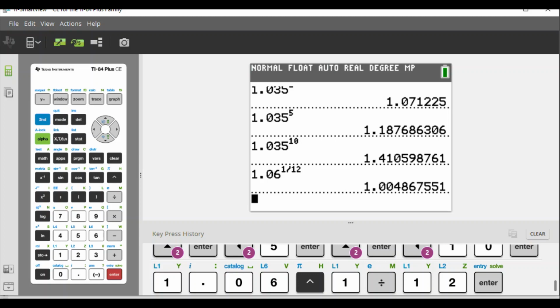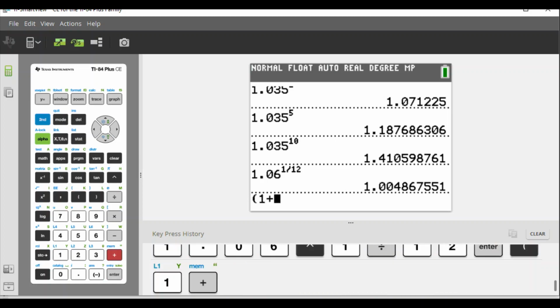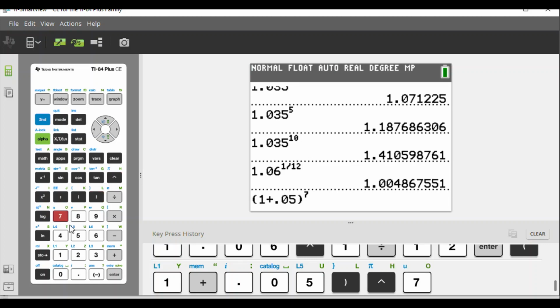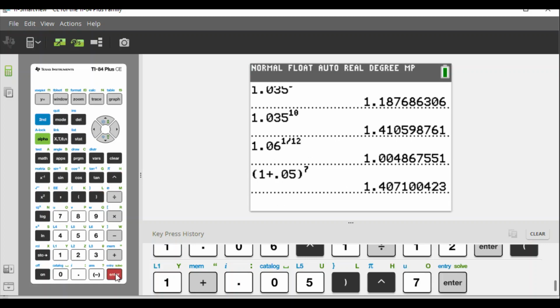We'll take parenthesis 1 plus 0.05, the 5%, and raise that to the power of 7 for 7 days. And we will get, in this case, the value of 1.407100423.